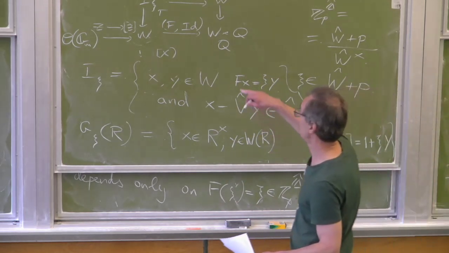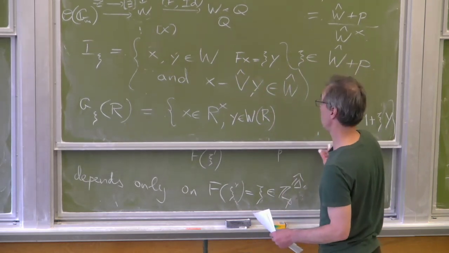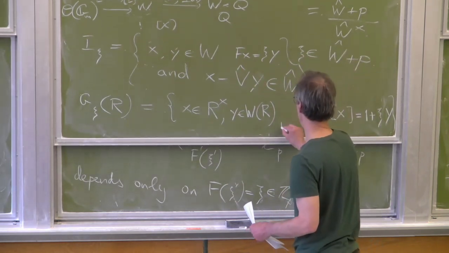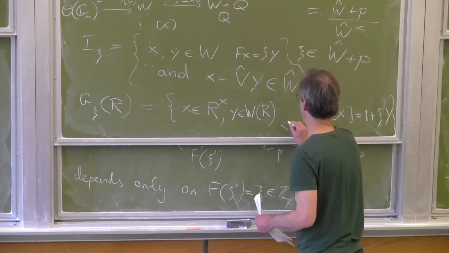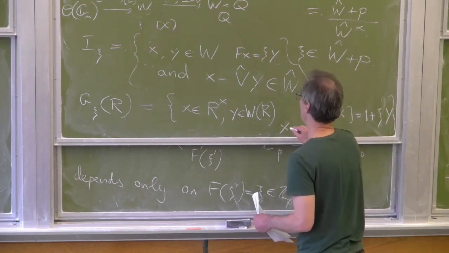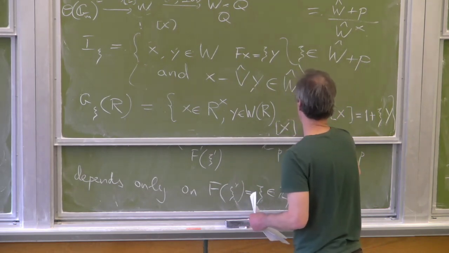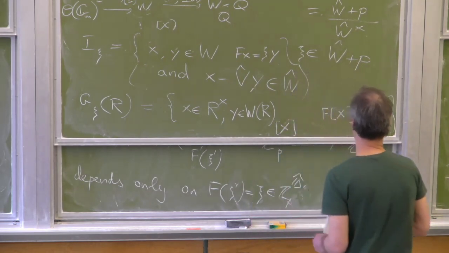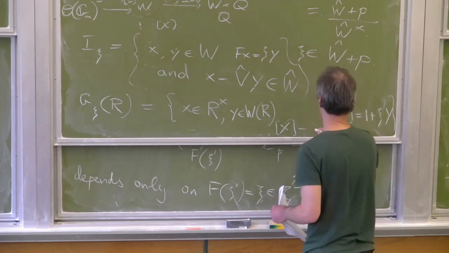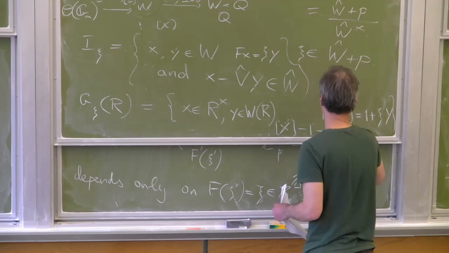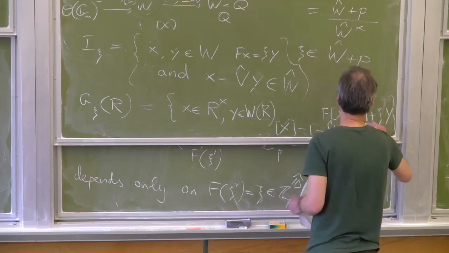And then there is the other condition, which is that X minus 1 minus V check of Y is in W.